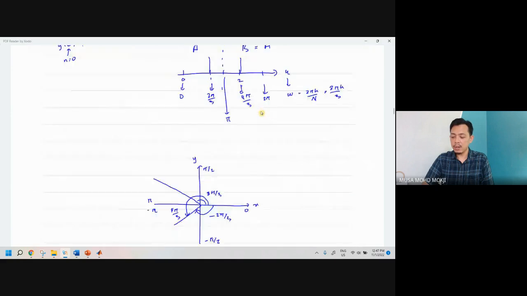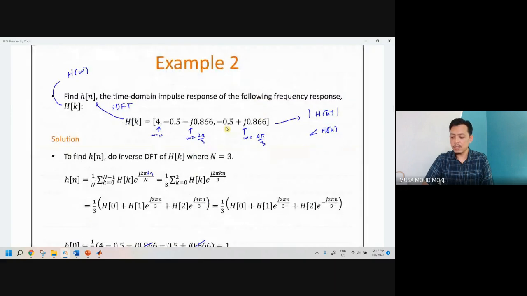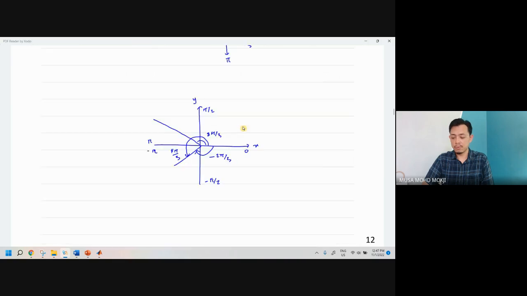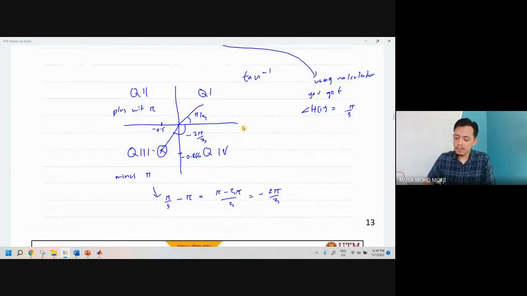And if you look at our next point, which is negative 0.5 plus 0.866, this is in quadrant 2 over here, because it is now on positive 0.866 somewhere here. When you do a tangent inverse, you will get negative pi over 3.